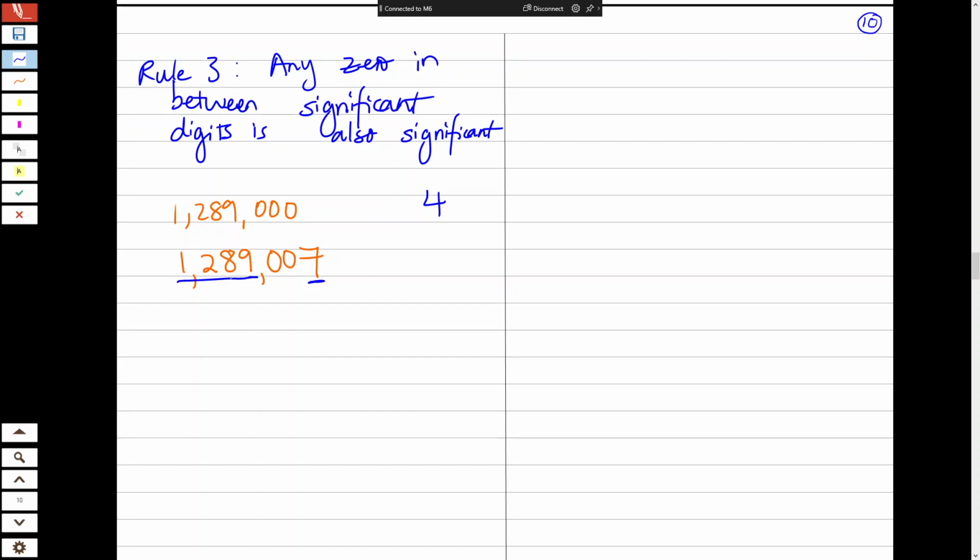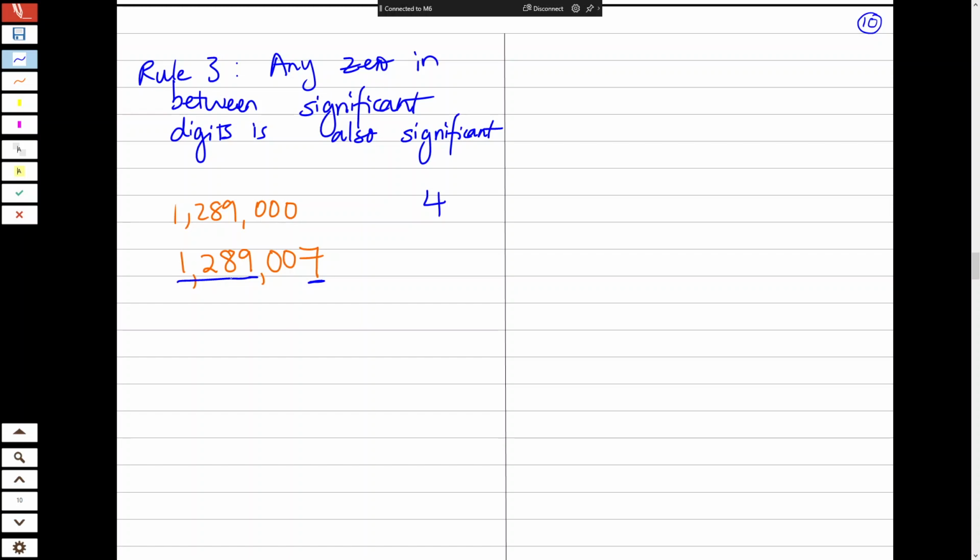What do you think, Lockie, about the zeros? Sorry, what about these zeros here? Are we going to count those as significant? You don't think so? Have a look at rule number 3 again, up here. So just those 5 that are underlined?